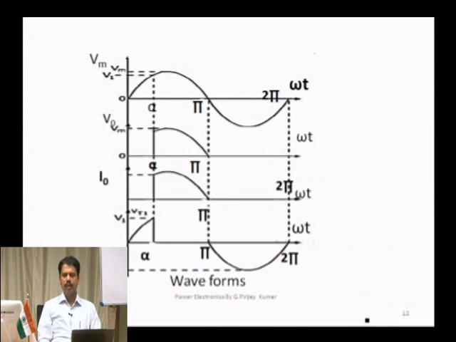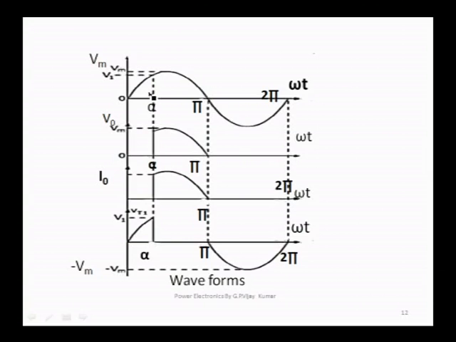You can see the waveforms. So, here the thyristor is fired. You see the angle alpha. How is alpha measured? From the instant the voltage starts going positive to the instant at which the thyristor is fired. This is called the firing angle alpha. By varying the firing angle alpha, you can make it conduct at any point here, here, here, here.